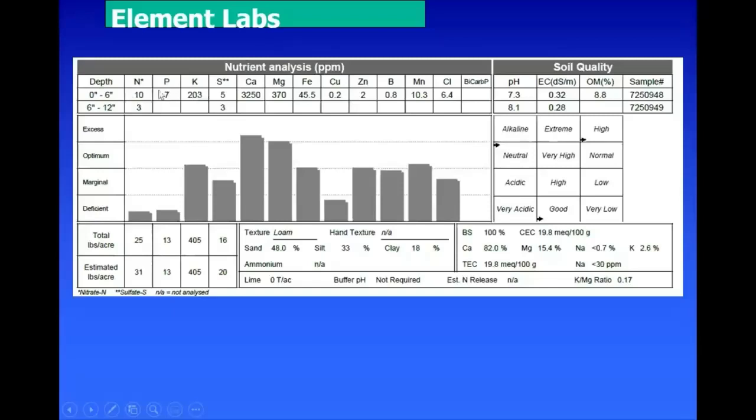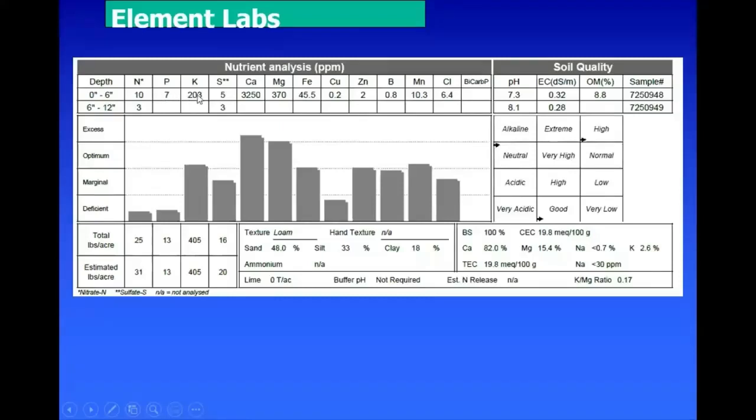In this particular case, all the nutrients up here are reported in parts per million. And the lab, for N, P, K, and S, has converted those from 0 to 6 and 6 to 12 inch depth to pounds per acre.